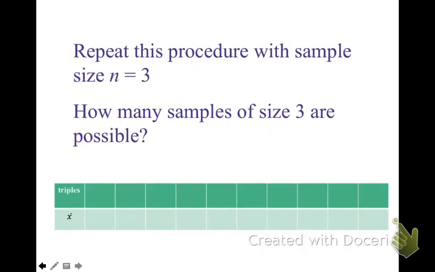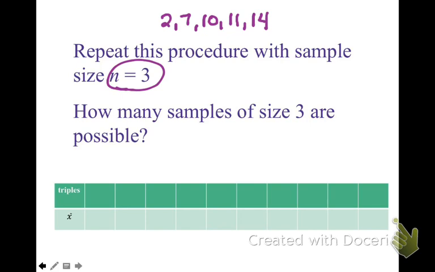Now let's repeat the procedure with a sample of size n equals 3. So we're also going to look at a sampling distribution for a sample size of 3, meaning we're going to take all the samples of size 3 that are possible from our population of fish. Remember, those were fish that had lengths of 2, 7, 10, 11, and 14.